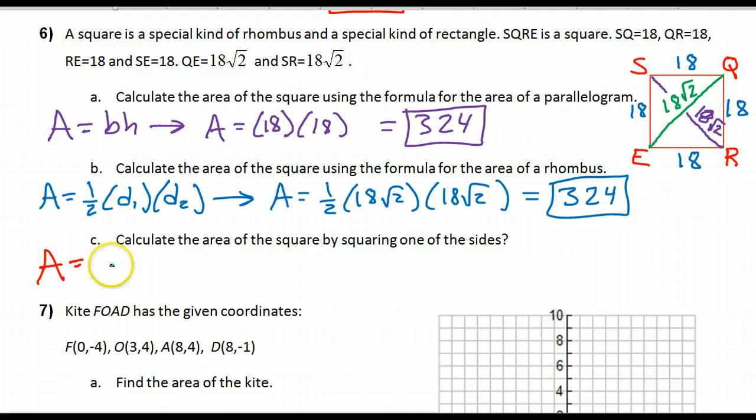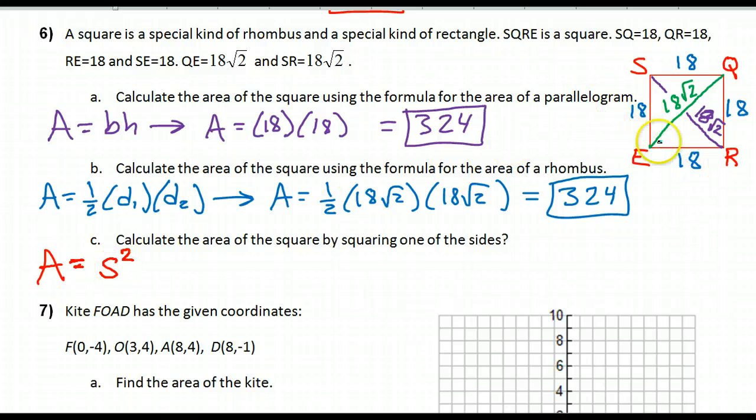So if I let S be the length of a side of a square, the area of a square is just the one side squared. So we don't really have to worry about a base and height. Just pick a side and square it. Alright, think about it.